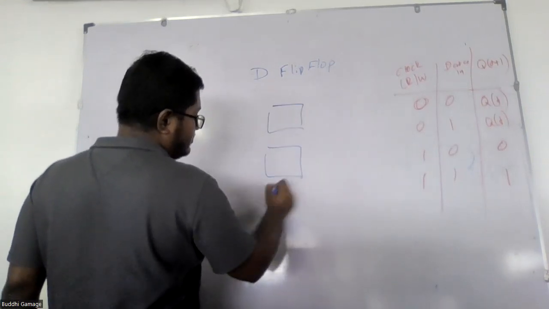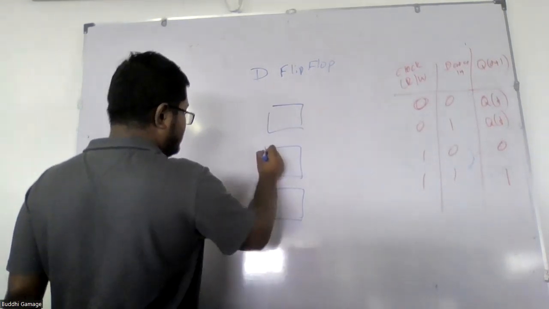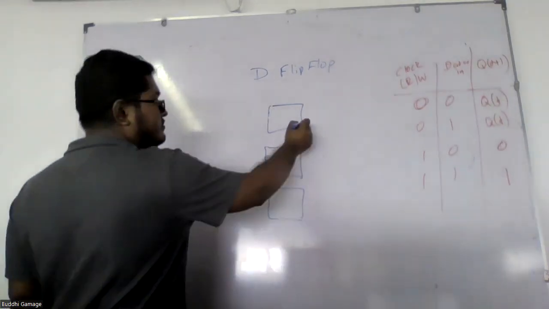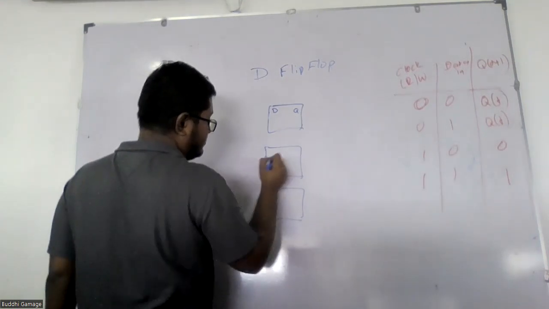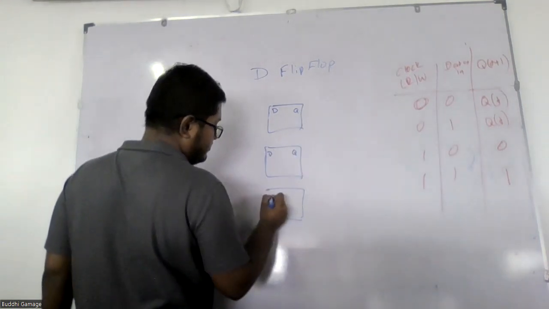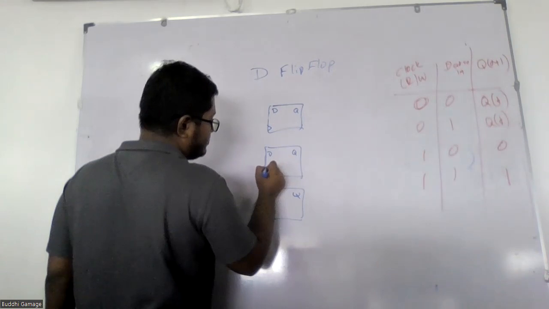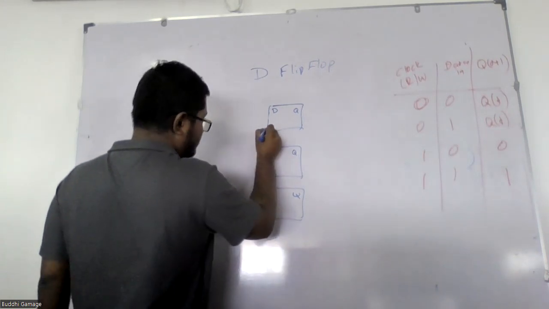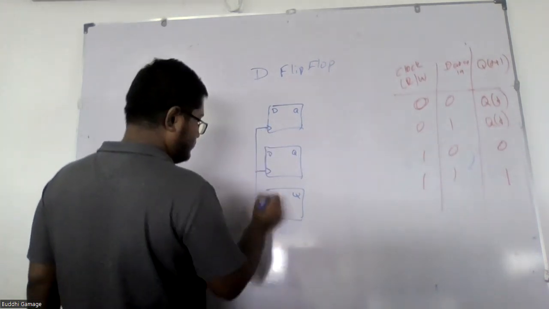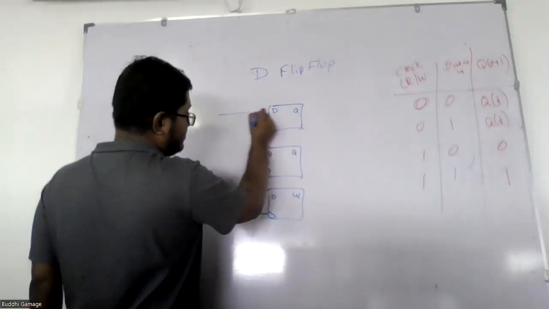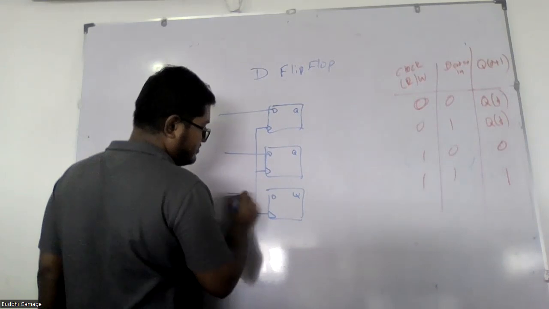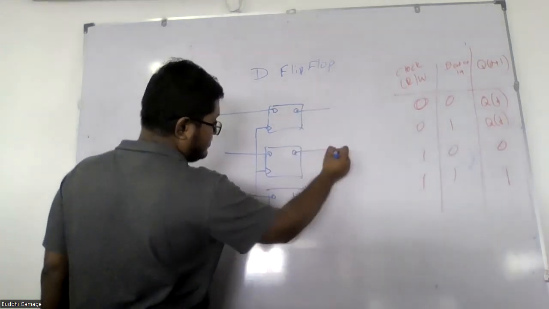So there should be 3 D flip-flops. Right? So Q, data, Q, and this is the clock. And these are input lines. So we have output lines.